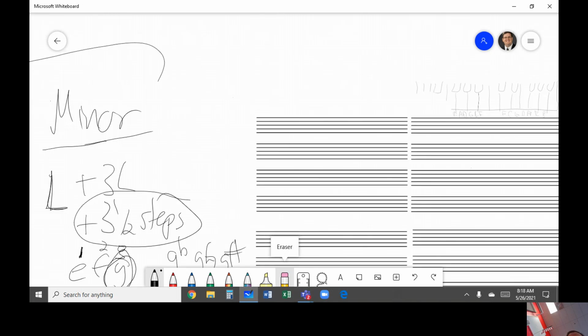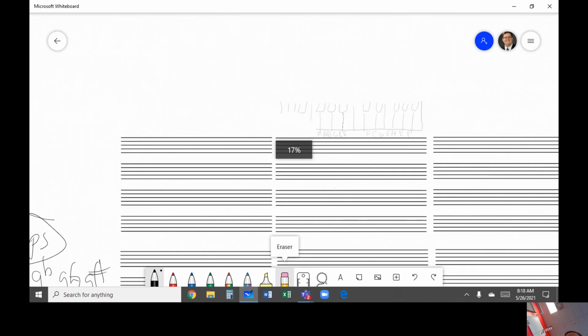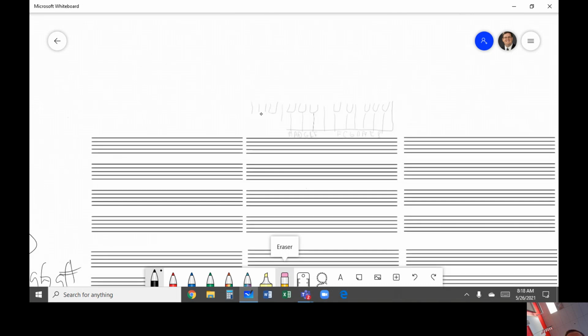For the 3 half steps, I want to go over here and look at my keyboard. I've got a gross looking keyboard here, but maybe I can fix it. There we go. So here is an E. To go up 3 half steps, I use E as 0, and I do 1, 2, 3.